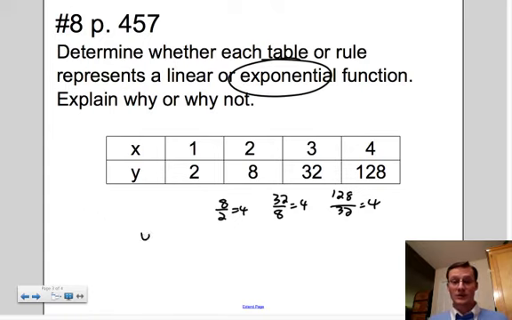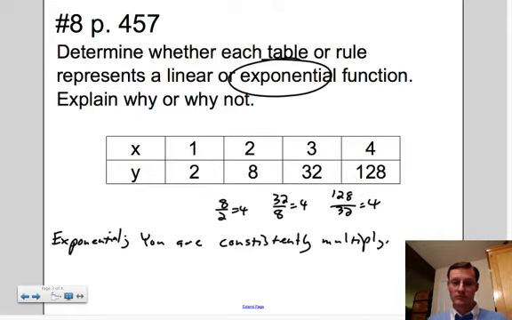Because you are consistently multiplying by 4 each time with y.